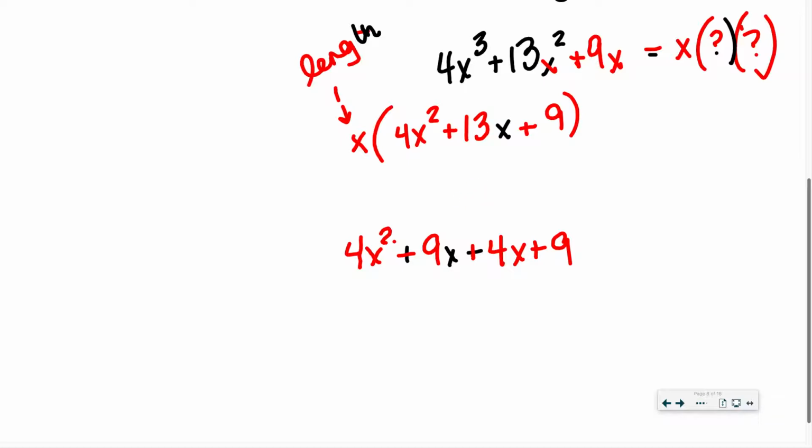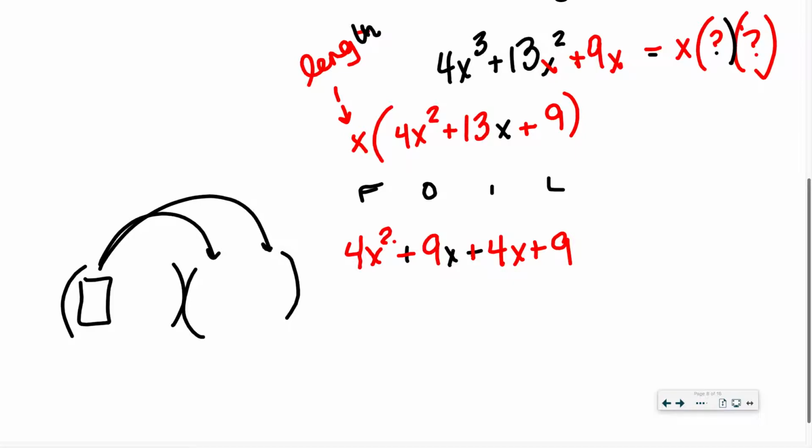Once I have this, what am I doing now? Trying to factor. Yes, now you're going to unfoil. That's the result of foiling through. I took some term and I multiplied it by the binomial. That's here. And then I took a second term and I multiplied it by the same binomial.